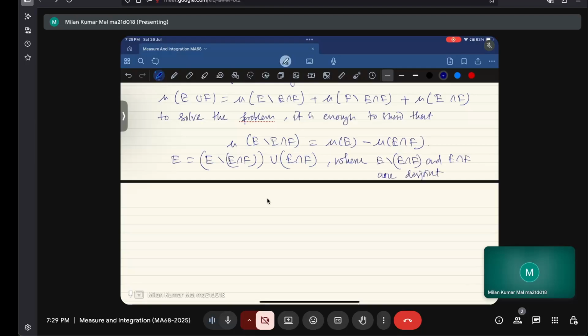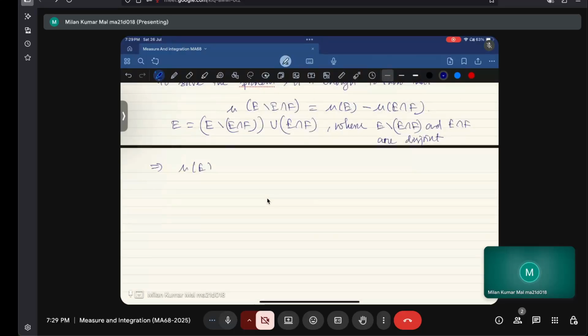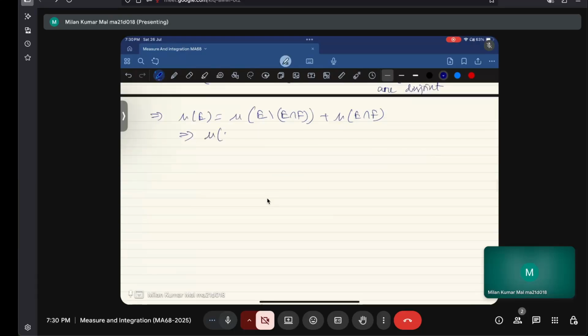So mu of E is equal to mu of E minus E intersection F plus mu of E intersection F. That gives mu of E minus E intersection F is equal to mu of E minus mu of E intersection F. So this is the case, and this completes the proof. Now I'll do another problem.